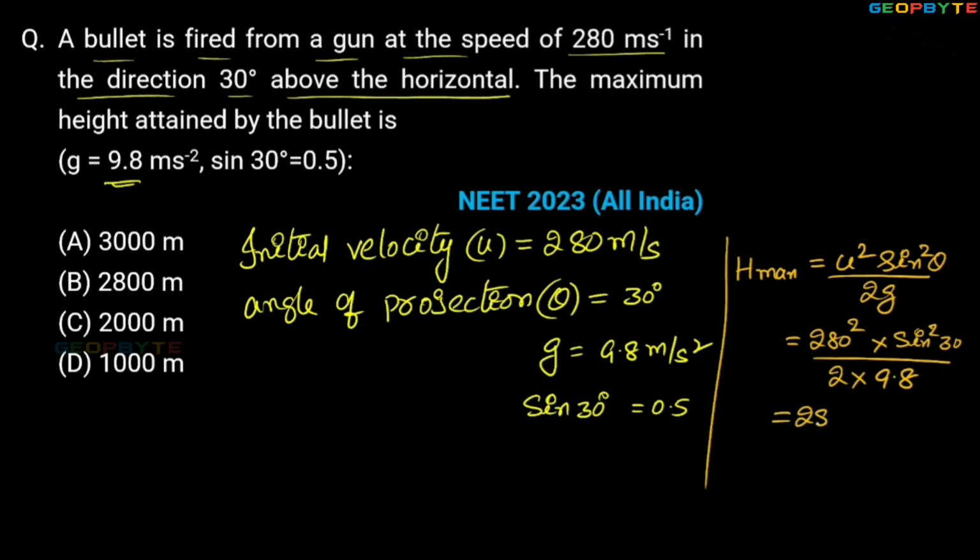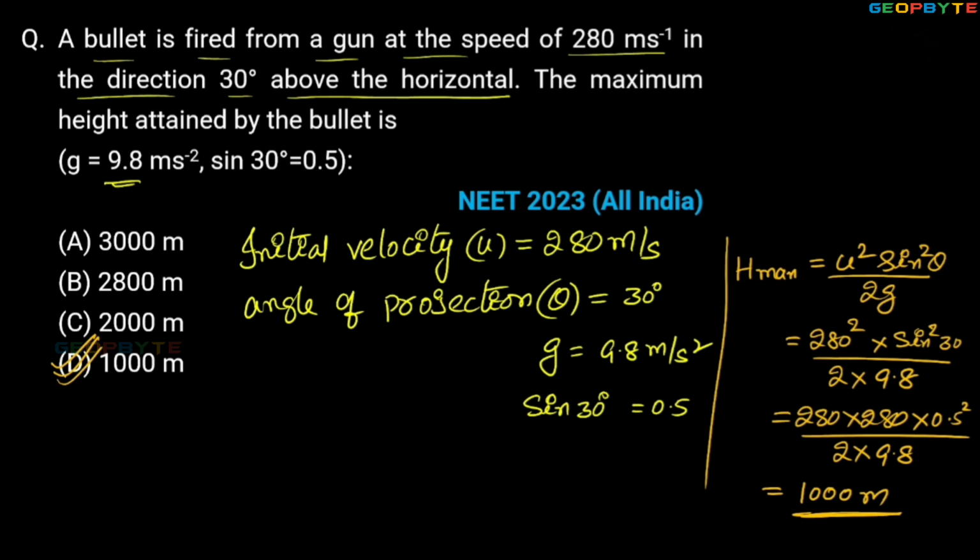This is equal to 280 into 280 into 0.5 whole square divided by 2 into 9.8. You simplify this value to get 1000 meters. That is the maximum height attained by the bullet. Understood clearly? Look at option D. Option D is absolutely correct.